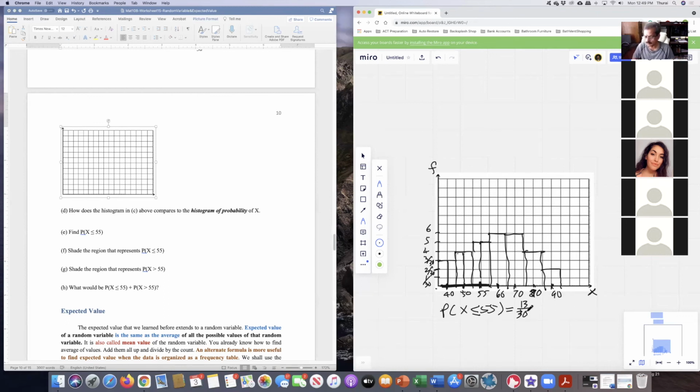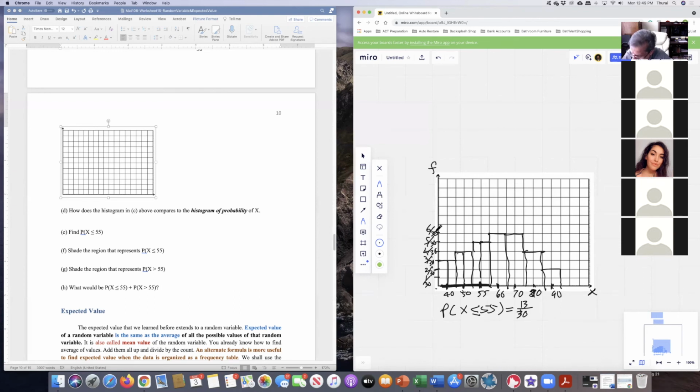Professor, wouldn't we have added the fractions together? Yes, the probabilities, yes. The fractions 1/30, 2/30, 3/30, 4/30 are the probabilities, right? Yes. So I'm adding those probabilities. Actually, never mind.